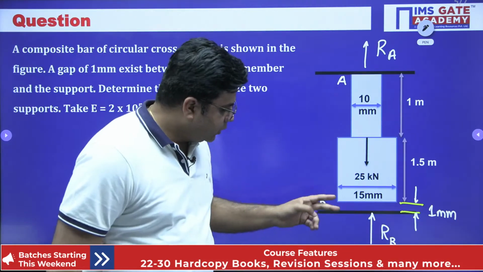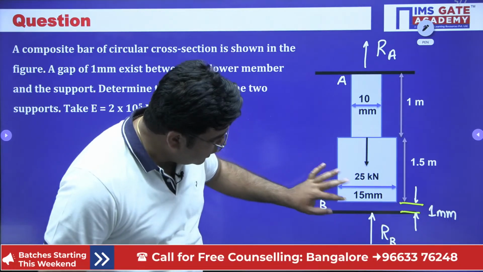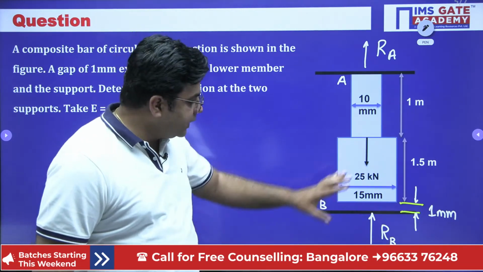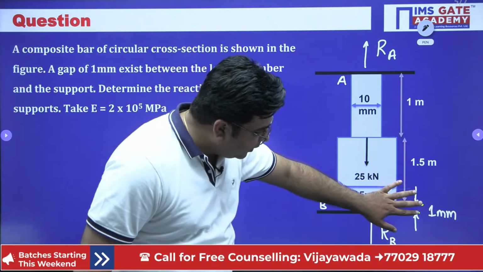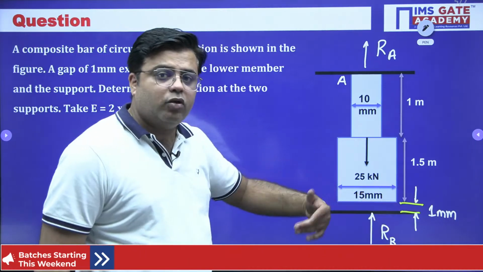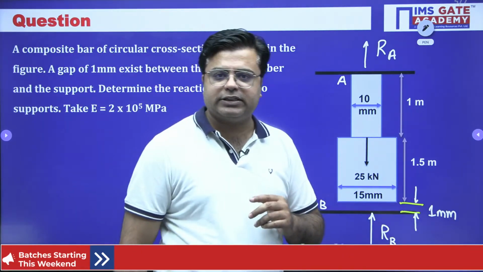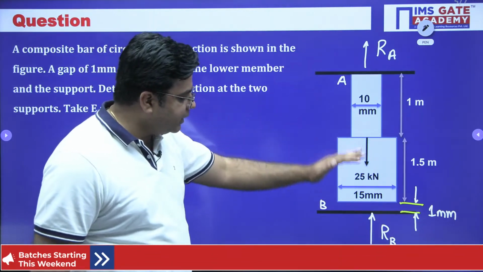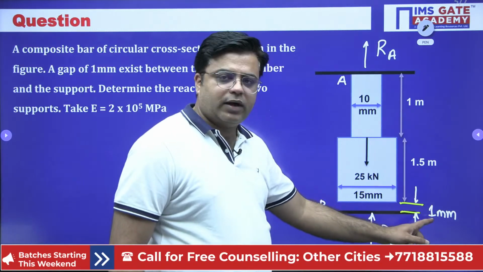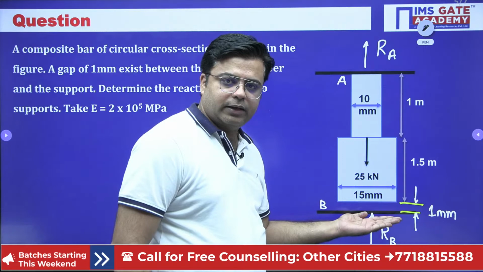There is a gap of 1 mm between the lower member and the support. So this entire assembly has to undergo a total deformation of 1 mm, and only then will the lower support provide its support reaction. So the total deformation of this assembly cannot be more than 1 mm because you have a lower support at the bottom of this assembly, right?